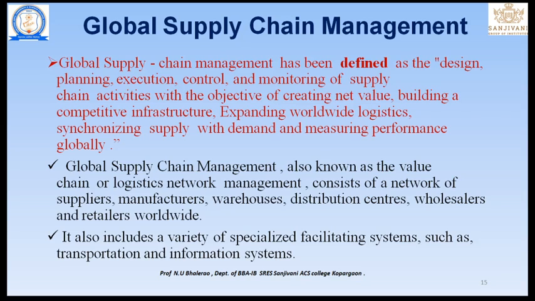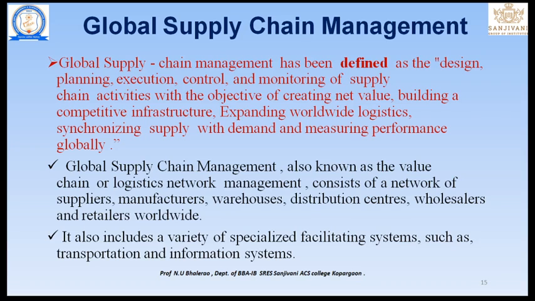In a very simple way, every company wants to expand their standard, their product value, and product delivery, not just within the nation but all over the world. So global supply is the core part of any multinational company, which goes through the basic terms given in this definition: designing, planning, execution, control, and monitoring of all supply activities for the satisfaction of customers all over the world.